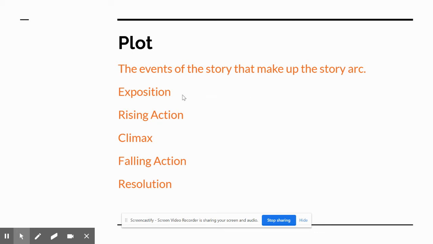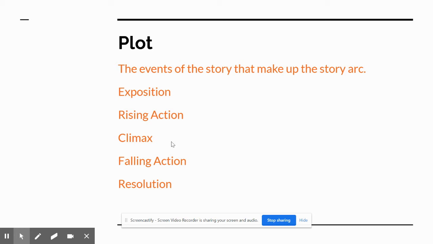Your exposition of a story is where that story is exposed to the audience. It's becoming clear to us where our story is taking place, who our characters are, what the conflict is. The rising action means that the action, the conflict in the story intensifies. The climax is the point of highest intensity. This is the most intense point in the story.